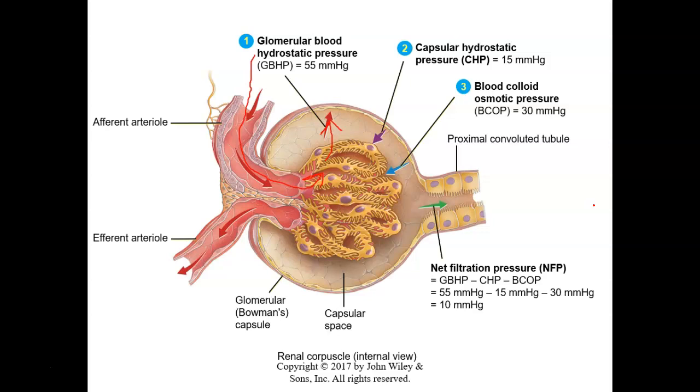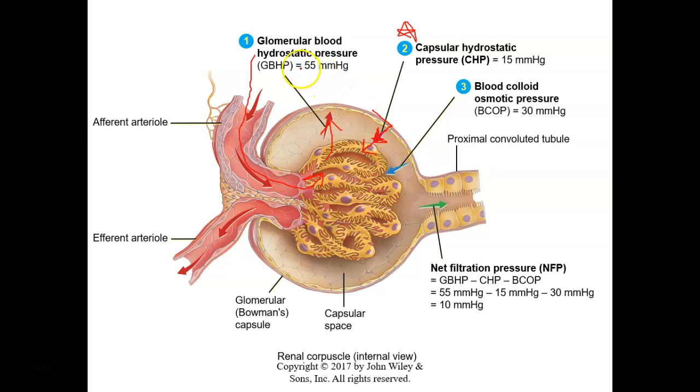All the elastic fibers are trying to resist that stretching. Same idea here. Capsular pressure is the amount of pressure that the capsule is resisting or recoiling, so it's pushing the filtrate back into the glomerulus.